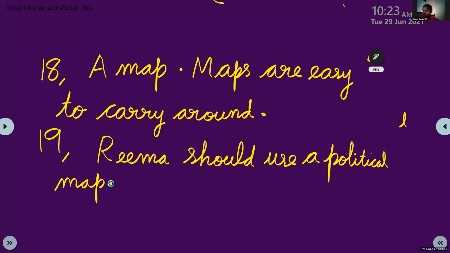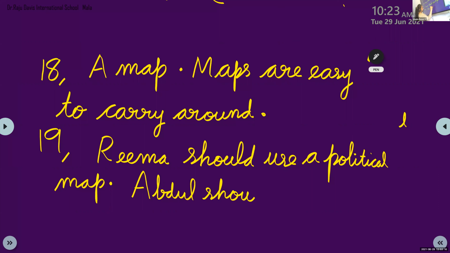Then tell me, Abdul should use a dash map. It's a particular theme. Abdul should use a thematic map.